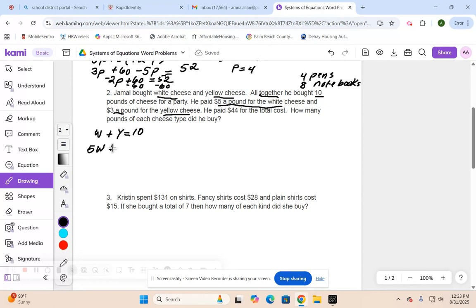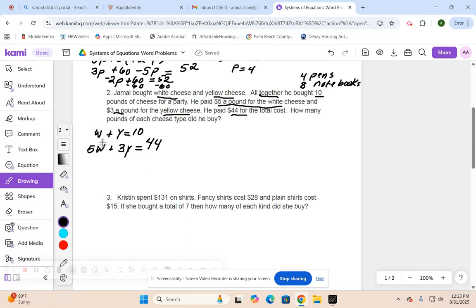So then we can say for each pound of yellow cheese, he paid $3, 3Y. Well, what was the total cost for all this cheese? It's given right here, $44. So we have the amount, how much he bought altogether, and here is the cost that he paid for the cheese altogether. Okay, we need to solve one of these equations for W or Y.